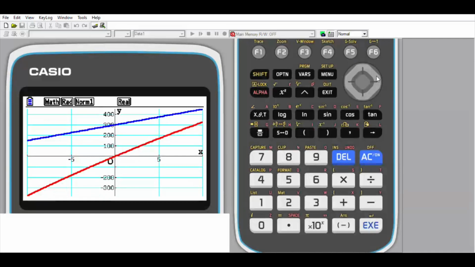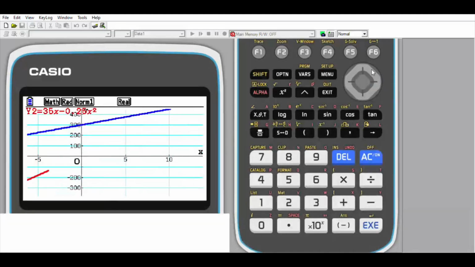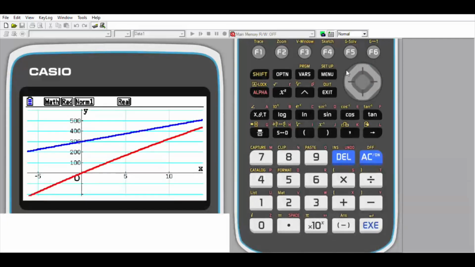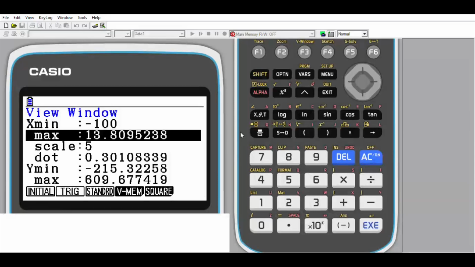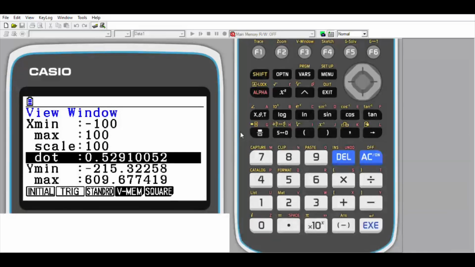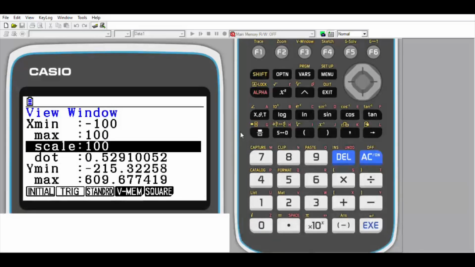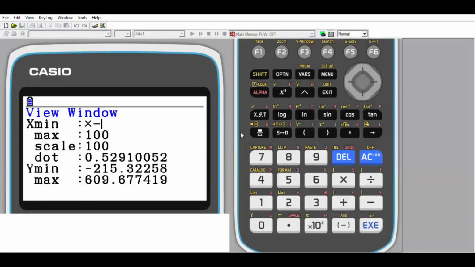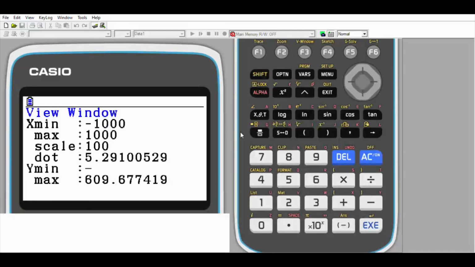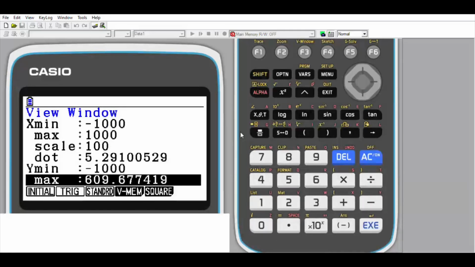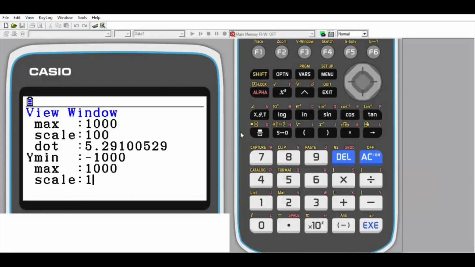Yeah, there you can kind of see. Let me change this, Shift V-Window. I'm going to put big numbers here. Negative 1,000 to 1,000, 100. And y is the same thing. Negative 1,000, 1,000, 100. There you go.